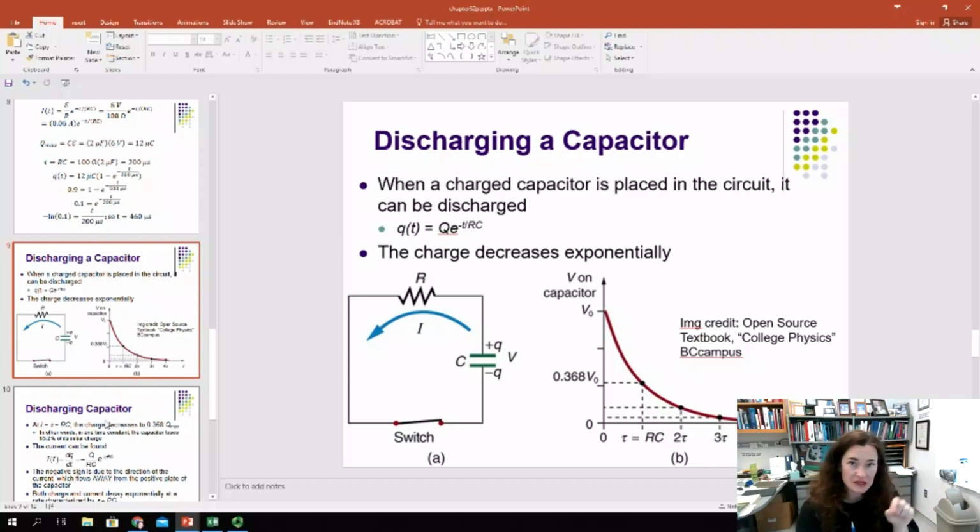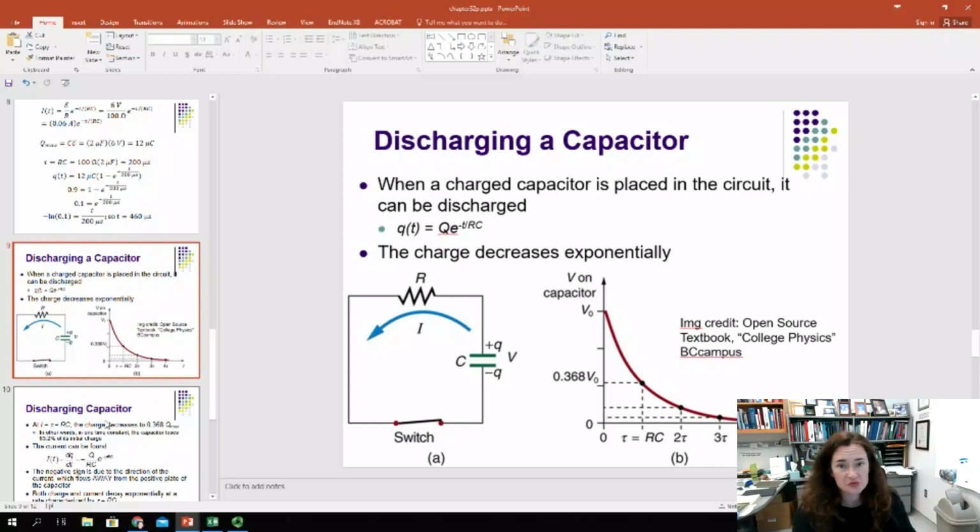So in order to meet up with the electrons and make the total net charge zero, it's going to flow counterclockwise in the circuit. Now, because we already defined the definition of positive current here as flowing towards the positive plate, we're going to call this current negative in direction because it's flowing away from the positive plate. Okay?